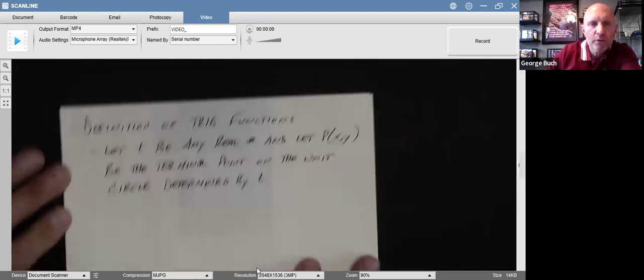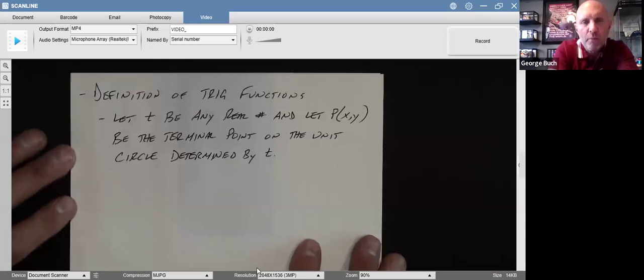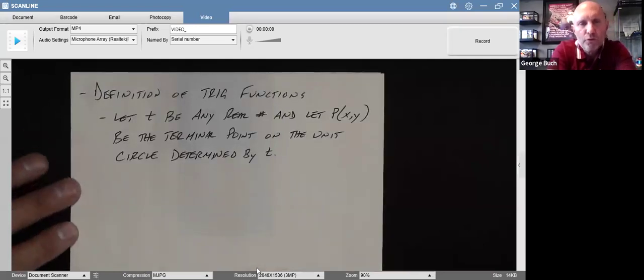So again, let t be any real number and let P of (x, y), that point, be the terminal point on the unit circle determined by t. From that, we have the following.